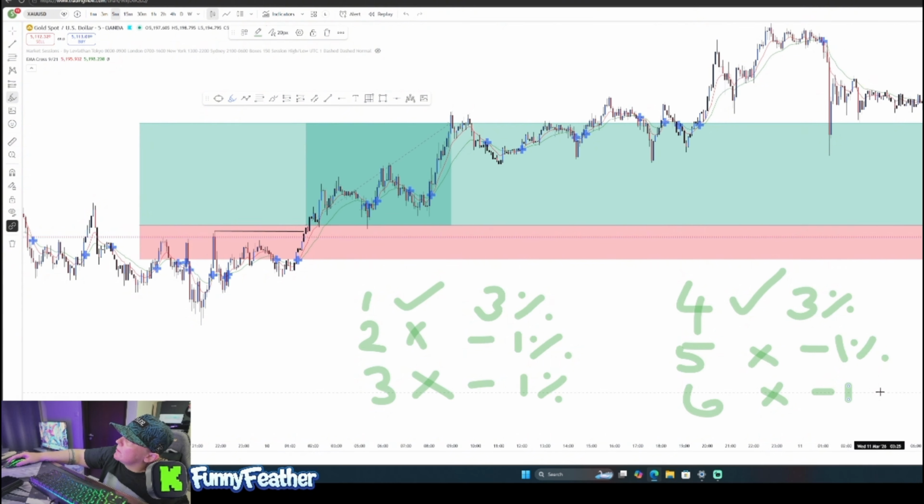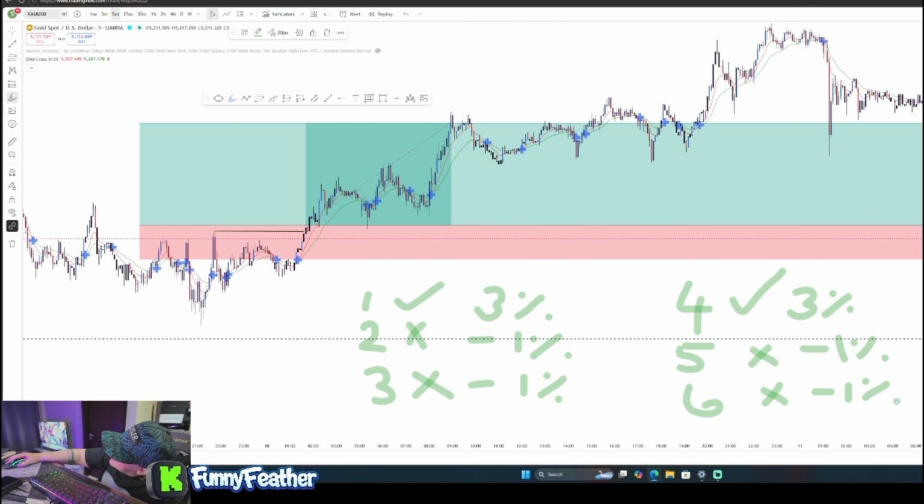Now, if we look at this, we can see that even though we have lost 4 trades out of 6, we are still profitable. Why?